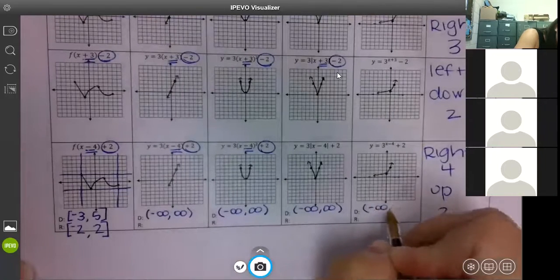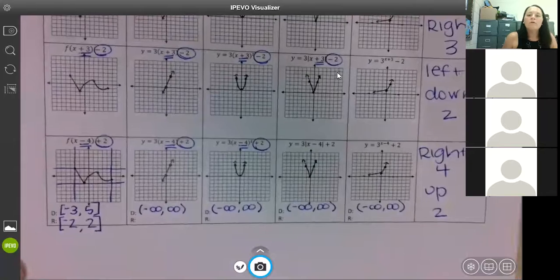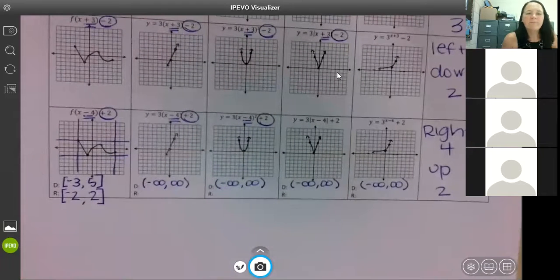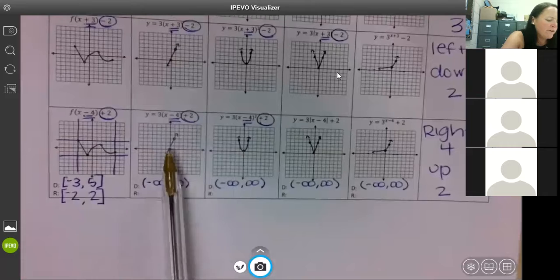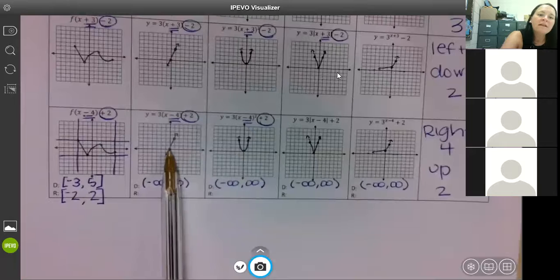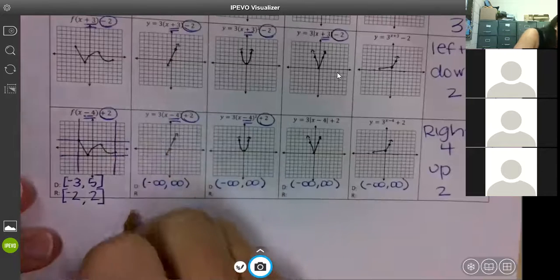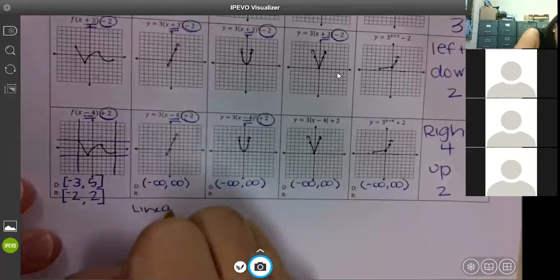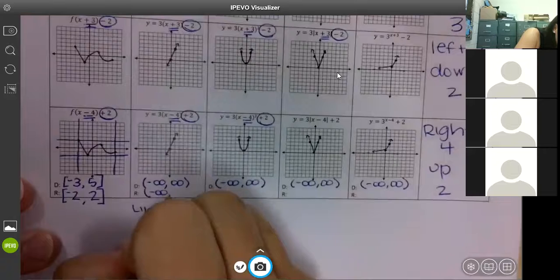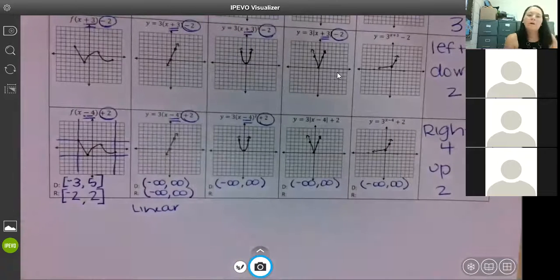Because they all have arrows, they're all going to be negative to positive infinity. What type of graph is this first one that I'm pointing at? Linear. So it goes up and down forever as well, so its range is also going to be negative to positive infinity.